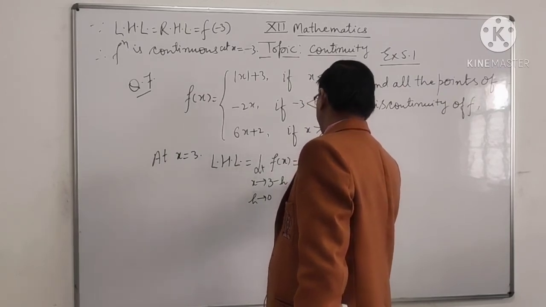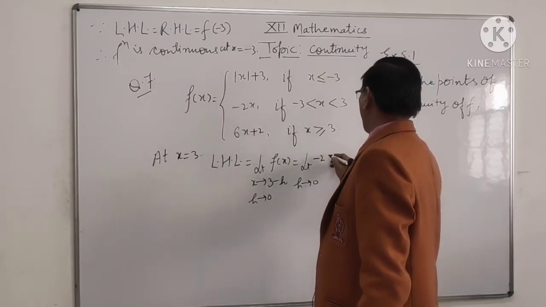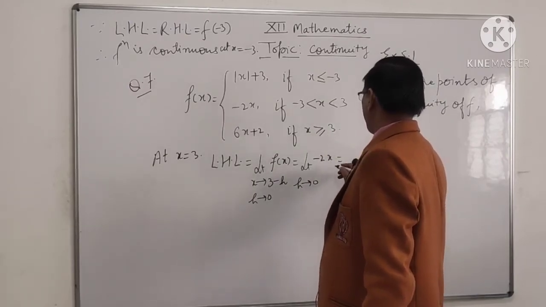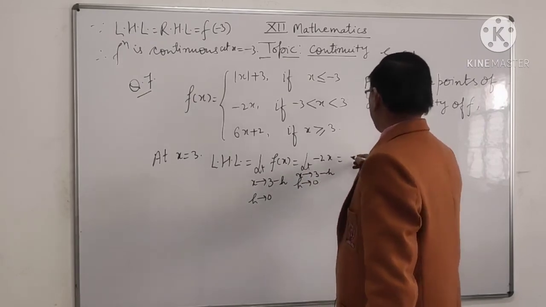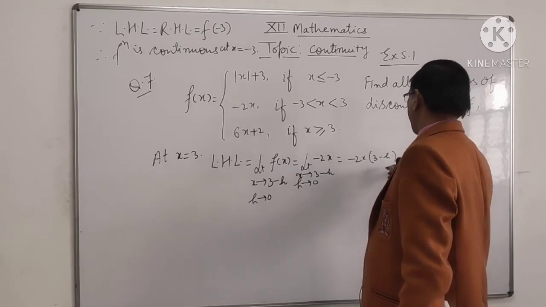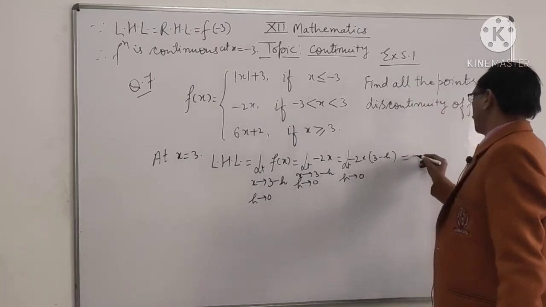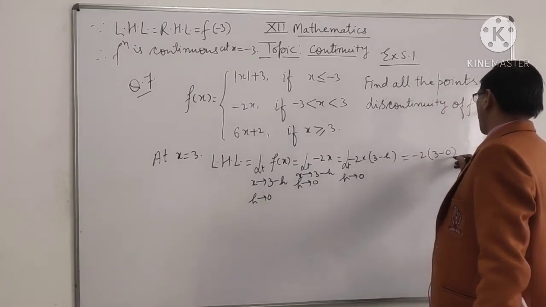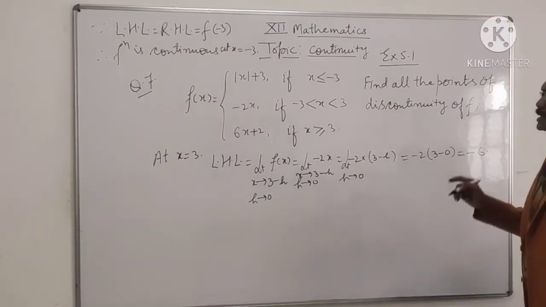The function is minus 2x. Then minus 2 into 3 minus h, limit h tends to 0. It is minus 2 into 3 minus 0, which is minus 6. So the left hand limit is minus 6.